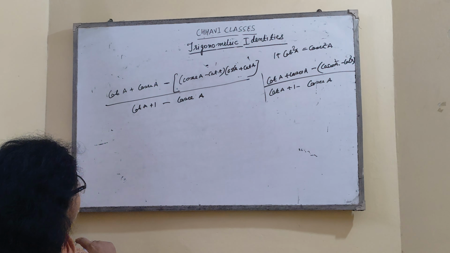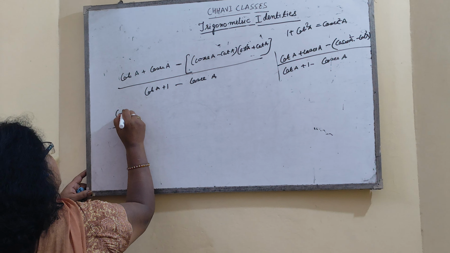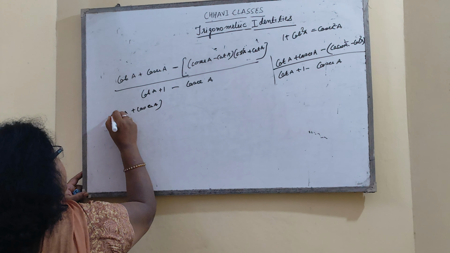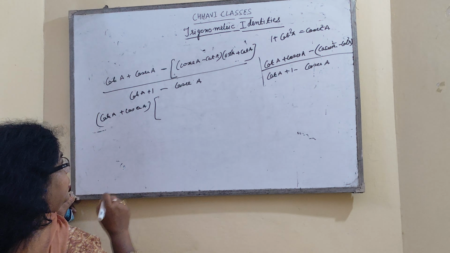Now in the numerator I can take cot A plus cosec A common. So what I get?